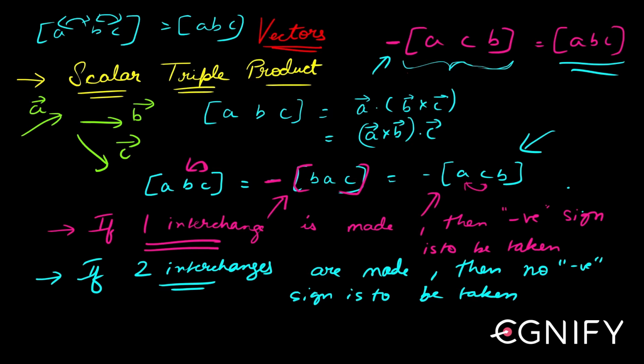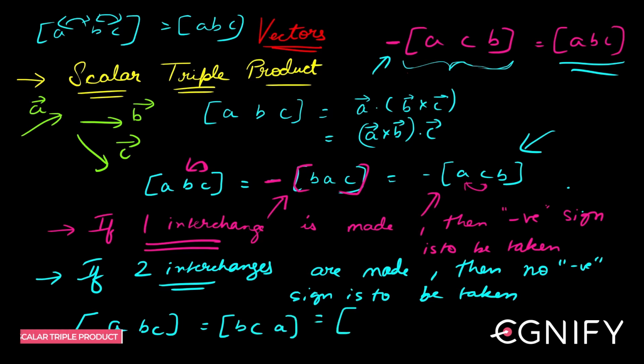So what I mean to say is something like this: box ABC is equal to box BCA is equal to box CAB. So here, as you can see, there are no negative signs. The boxes are equal to each other with two interchanges.